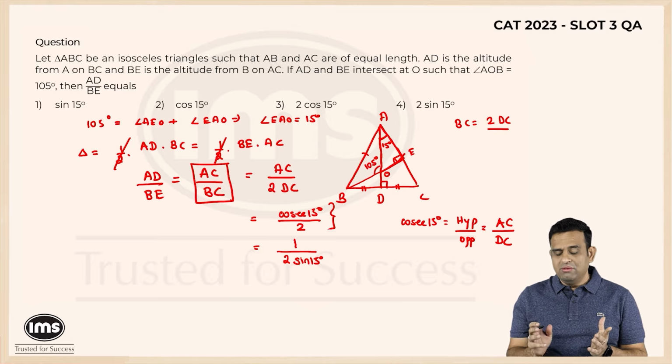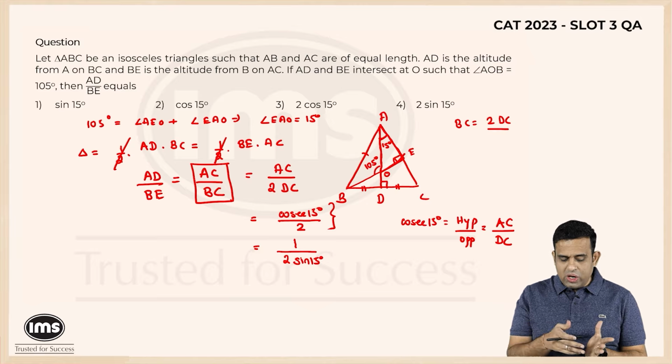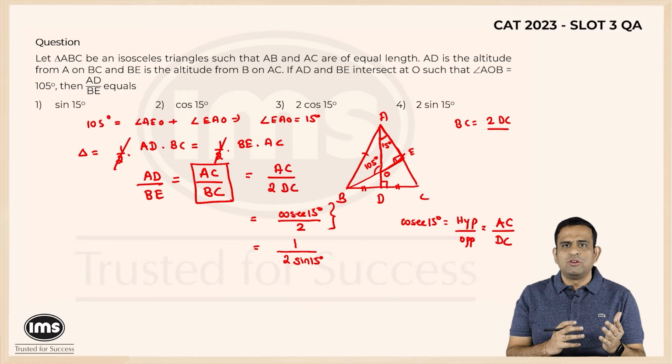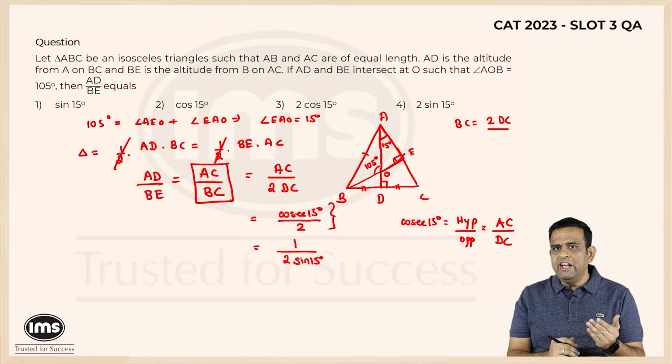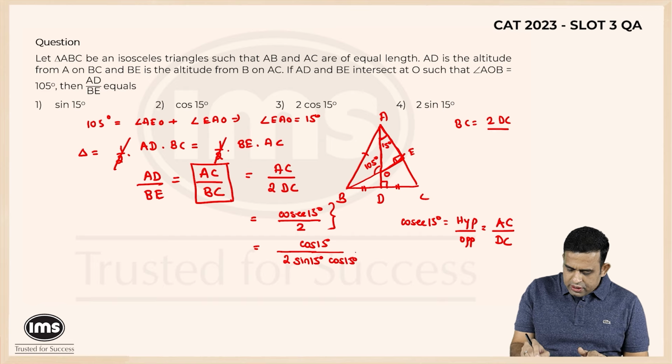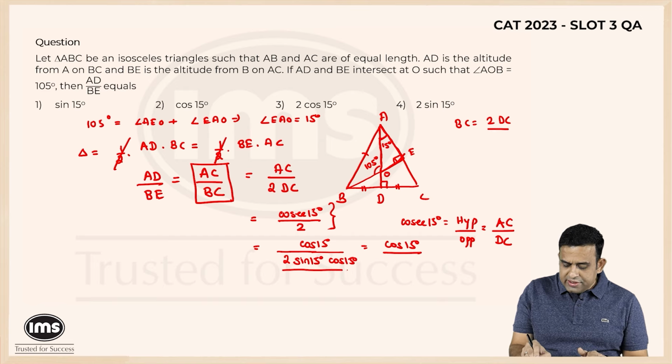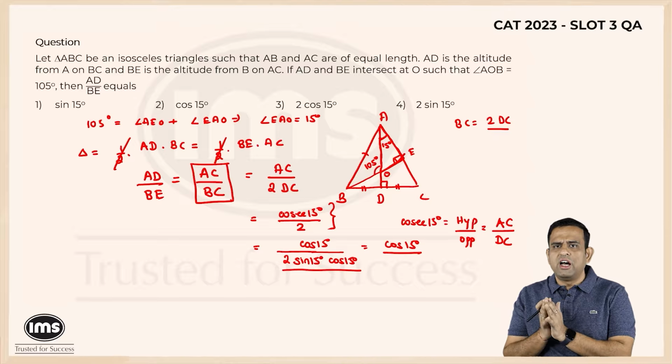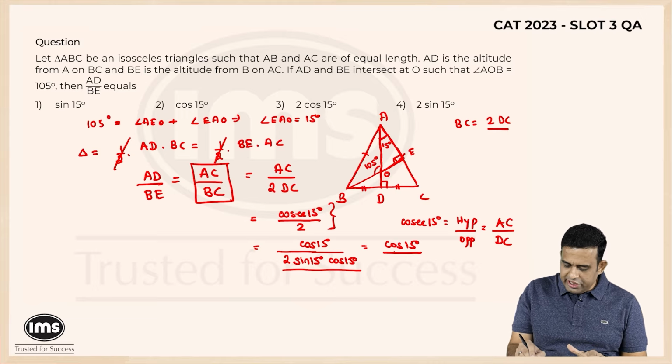Now at this moment, since I want a sine 15 or a cos 15 in the numerator, I will apply the concept of sine of multiple angle. Sine 2 theta is equal to 2 sine theta into cos theta. So if I deliberately multiply by cos 15 in both numerator and denominator, this becomes cos 15 divided by 2 sine theta into cos theta, which is sine of 2 theta.